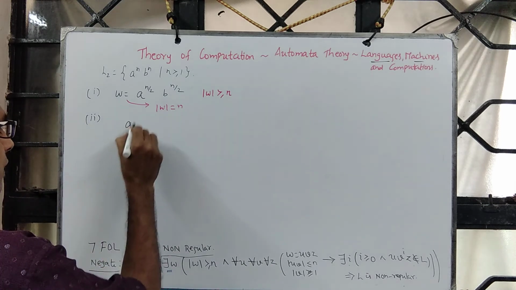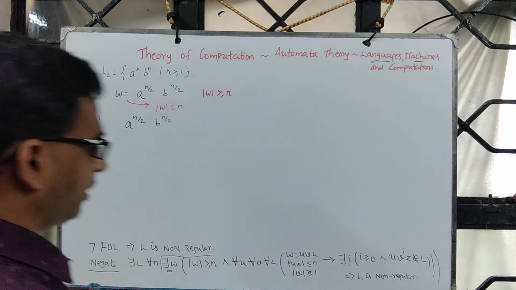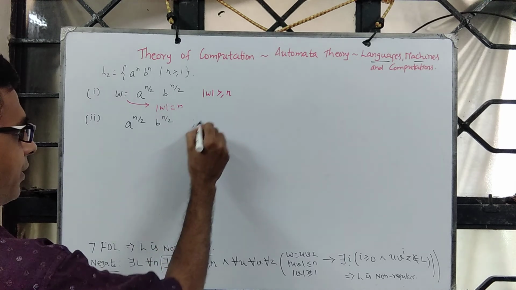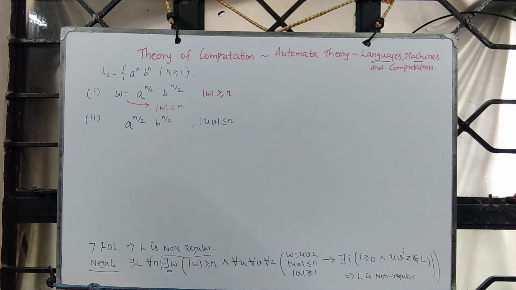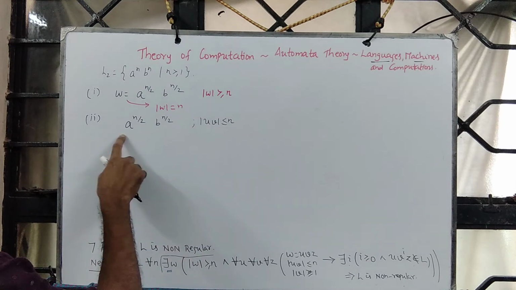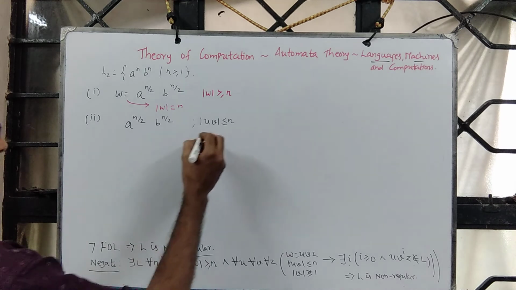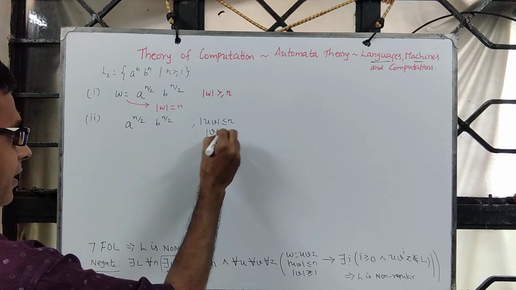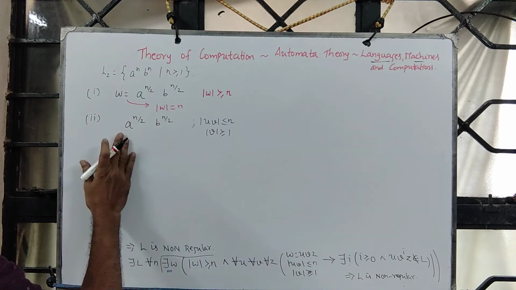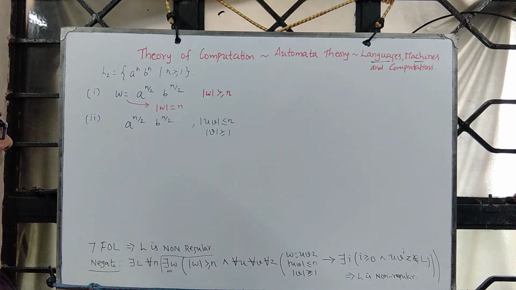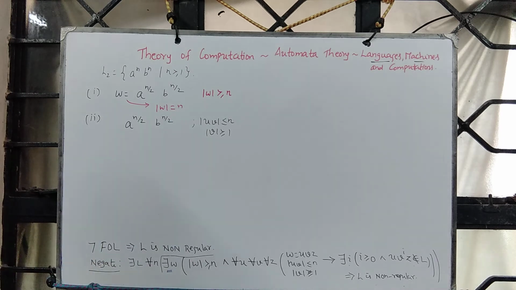So when we focus on a power n by 2, b power n by 2, now the constraint says uv is at most n, which means now one has to look at possibilities, and it may be the case that v is in a part, which means u is also contained in a, or v in b, which means to the left of it it is a.